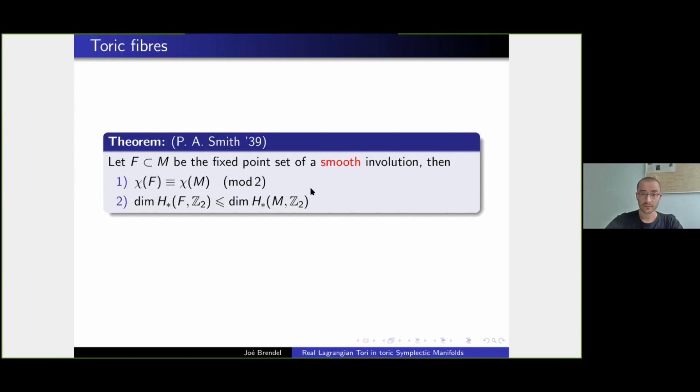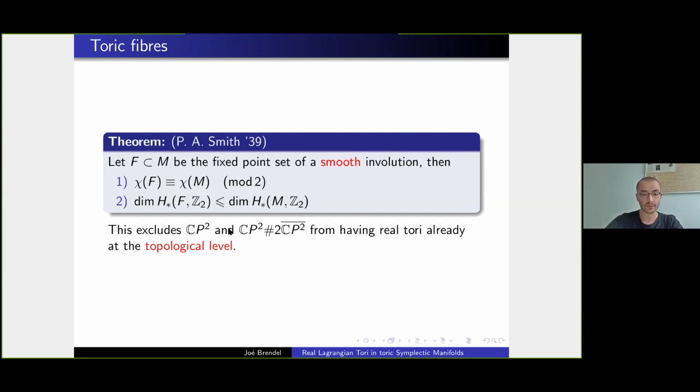And this is interesting and relevant for us because it already excludes some of the cases. You cannot even have tori as fixed point sets of smooth involutions. So for sure you cannot have them as real tori inside of CP2 and CP2 twice blown up.